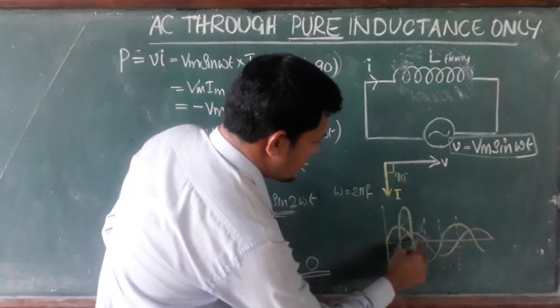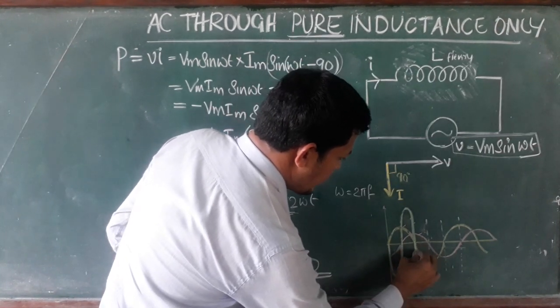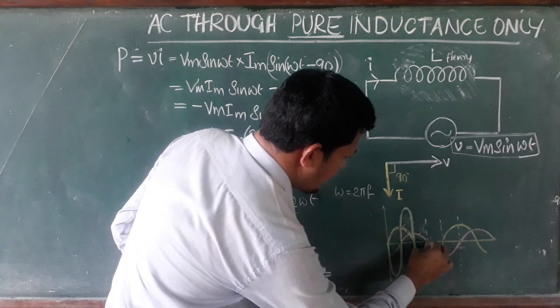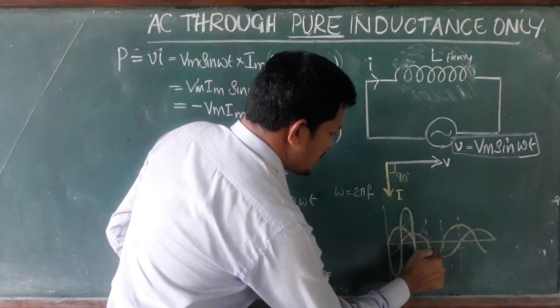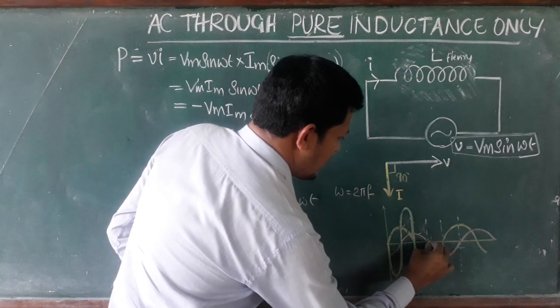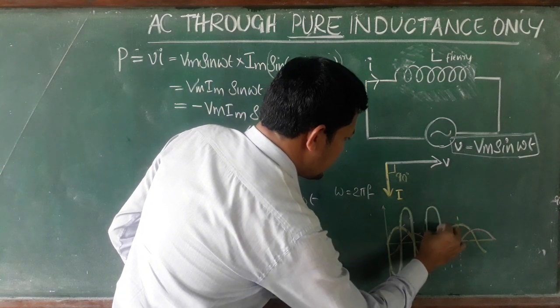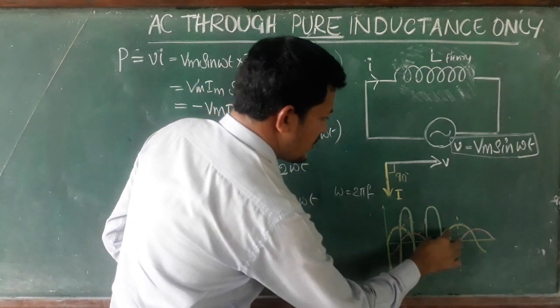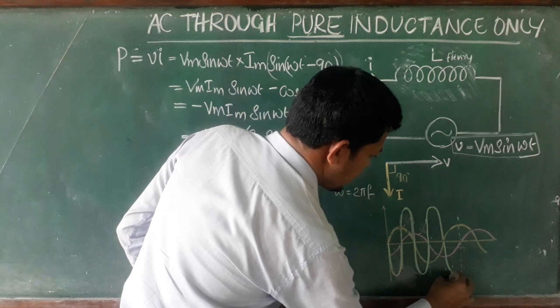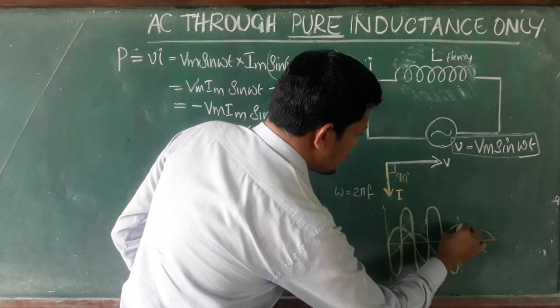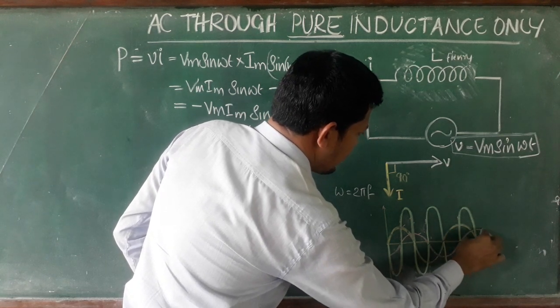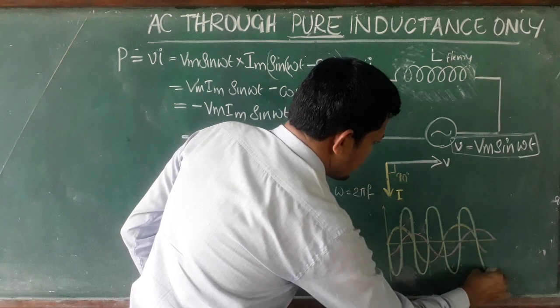Clear? Next positive, negative, again negative power. Again, negative into negative, the answer should be positive. Here positive, negative should be negative. Again positive, again positive, negative, it should be negative.